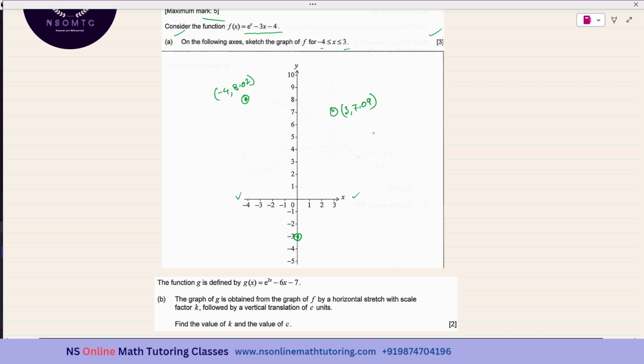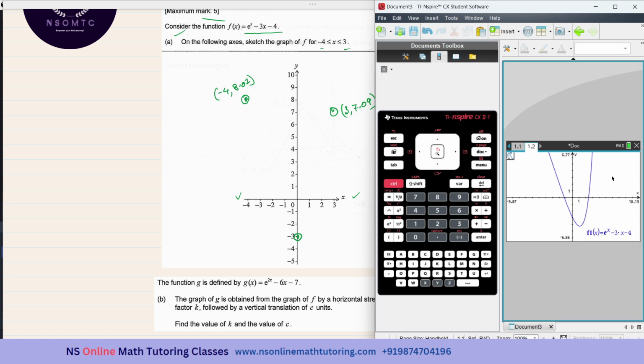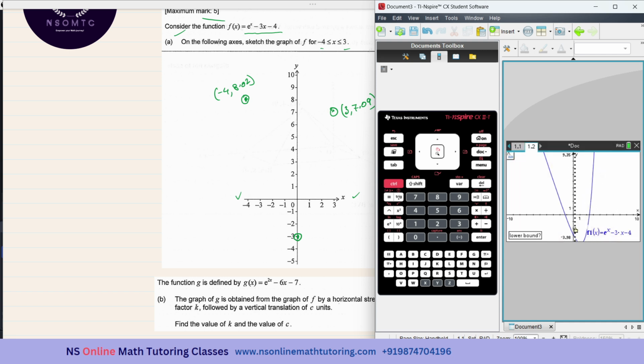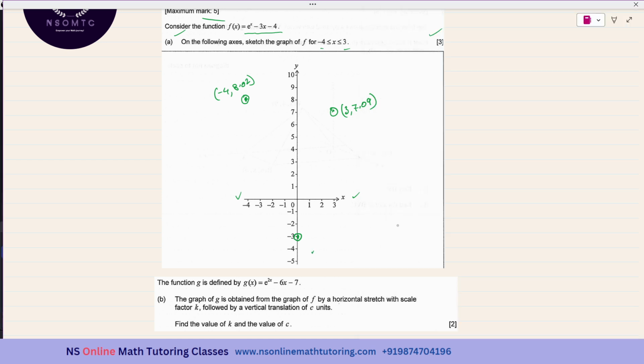Fine, and I need the minimum point as well. So I need the minimum. Analyze, it is the minimum: 1.09861, that means roughly 1.1, and negative 4.3. 1.1 and negative 4.3, maybe somewhere over here.